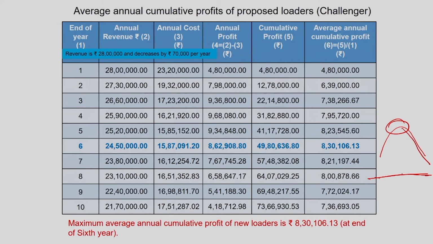So the duration for which your profit is maximum, that is your economic life. You can see it is increasing, reaches the maximum point. This is the maximum point. After that it starts decreasing again. So this is the economic life for your challenger, 6th year.